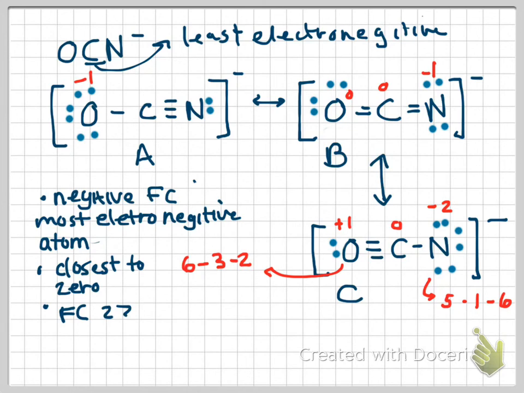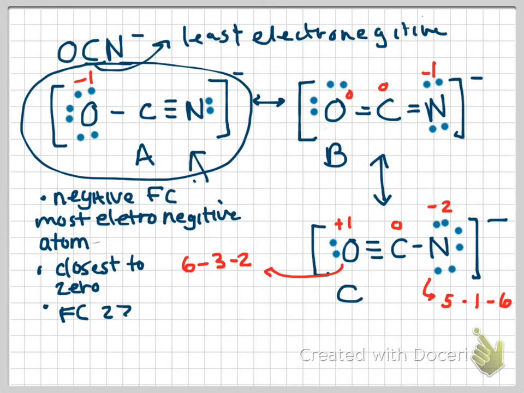So if I compare electronegativity values and looking at the periodic table, oxygen is more electronegative than nitrogen. So structure A is the best structure. That meets these requirements. I know I have to have some formal charge on this atom because I have a net charge on my substance.